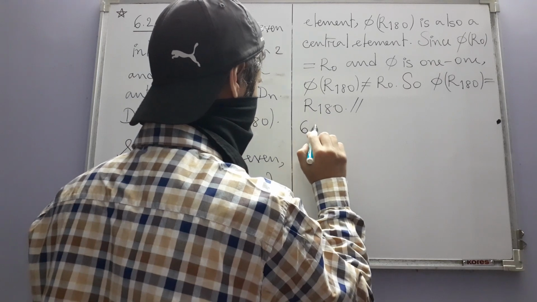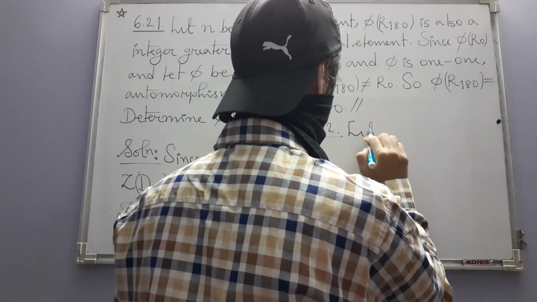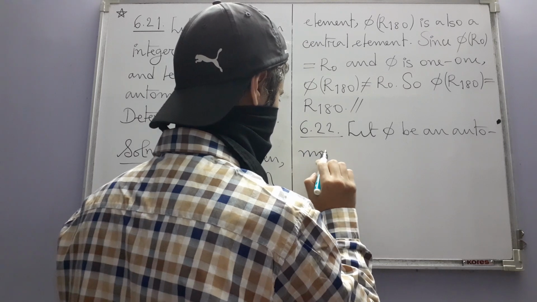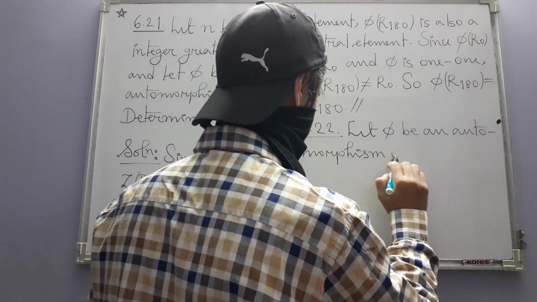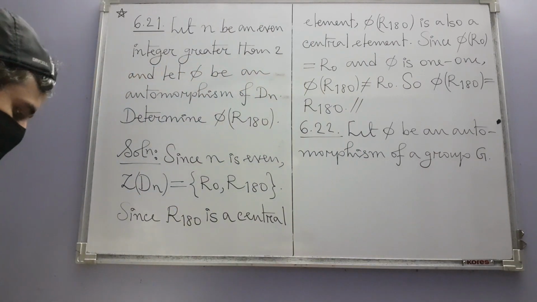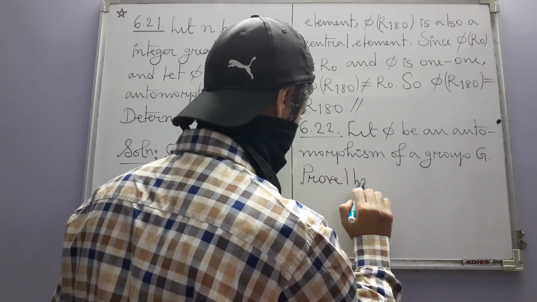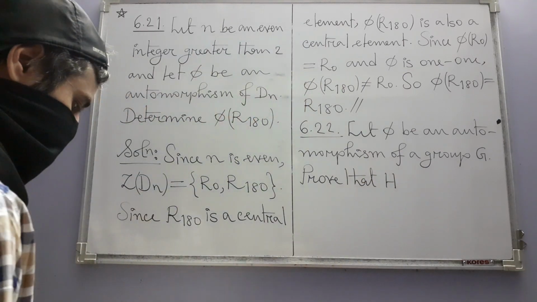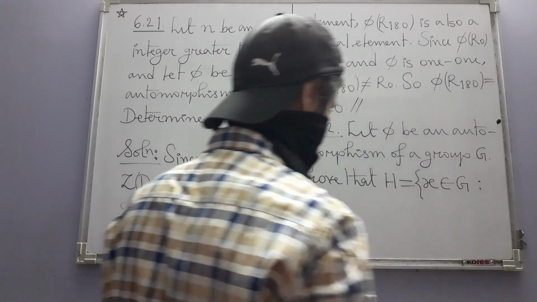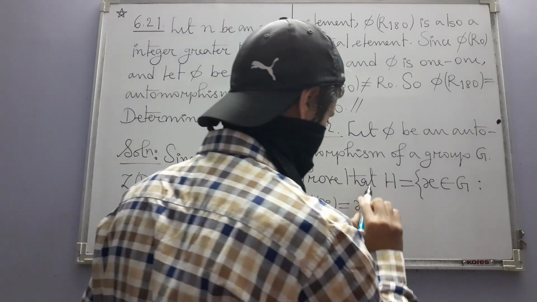Next, 22. Let phi be an automorphism of a group G, some automorphism of some group G. Prove that the set H, which is the set of all elements X in G that are kept fixed by phi, that is phi does not change any of these elements.